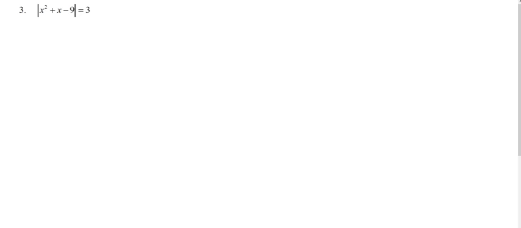Okay, one more. The absolute value of x squared plus x plus 9 is equal to 3. So, what's x squared plus x minus 9 look like?